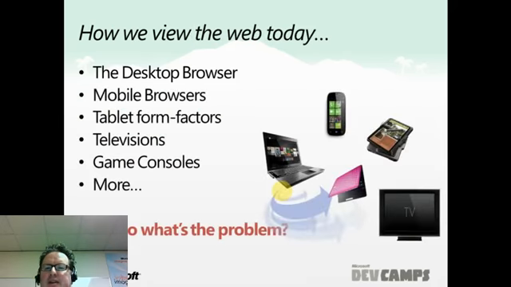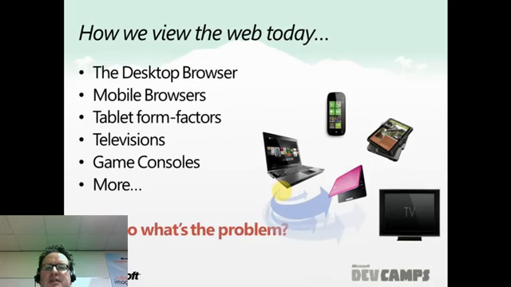But in just the past few years, we've had this proliferation of devices. We not only have desktop browsers now, but we have mobile browsers, which, if I remember correctly, actual mobile browsing has surpassed desktop browsers, if I'm not mistaken.